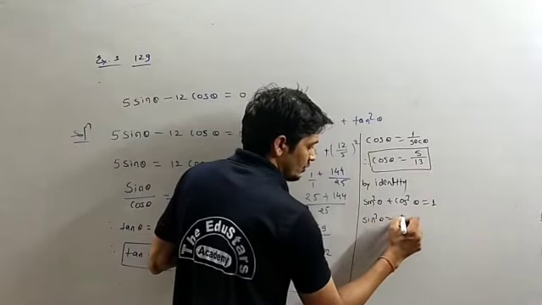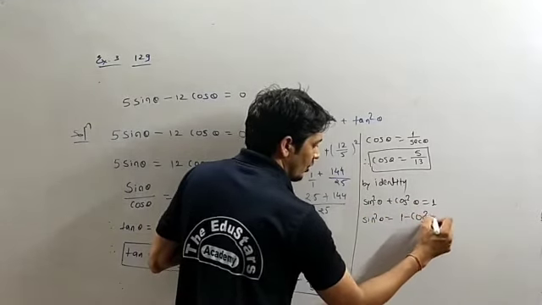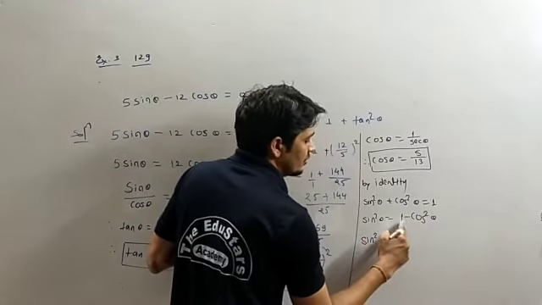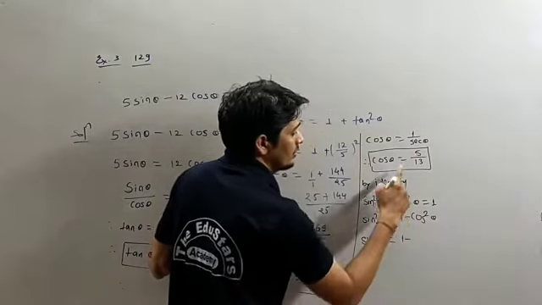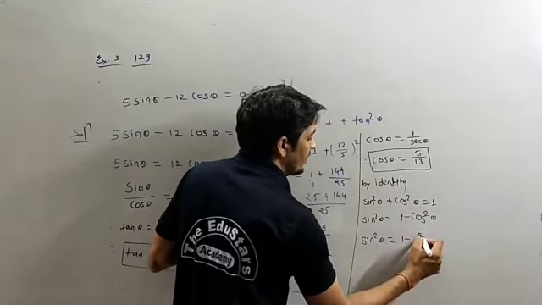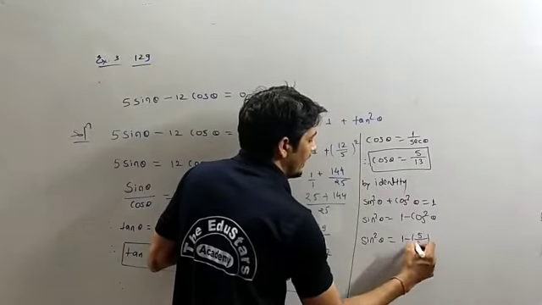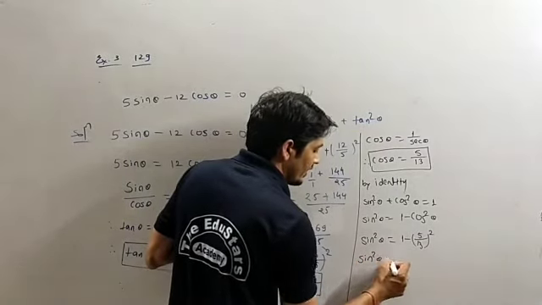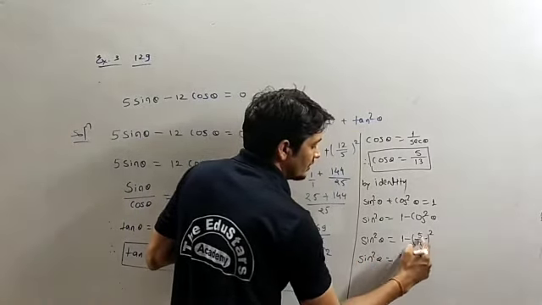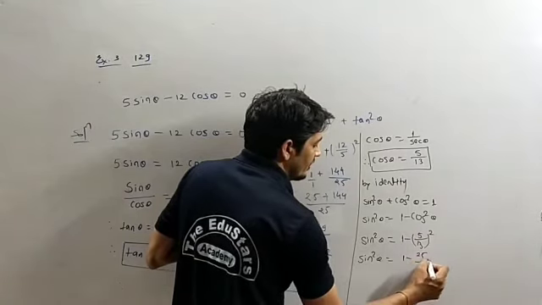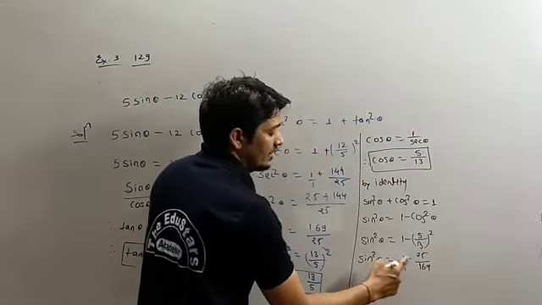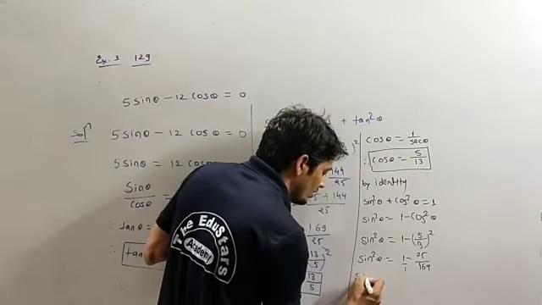Sin square theta equals 1 minus cos square theta, so sin square theta equals 1 minus (5 divided by 13) whole square, which is 1 minus 25 divided by 169.